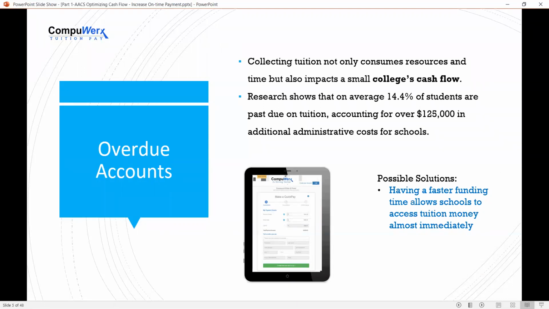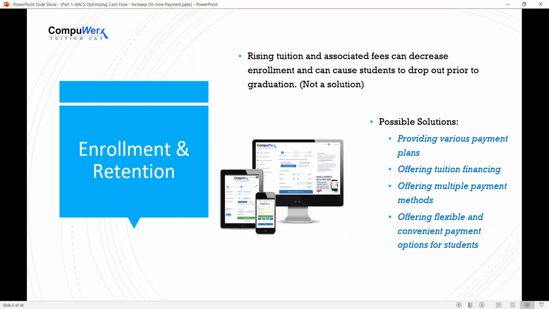Research has shown that on average, 14.4% of students are past due on tuition accounts, accounting for over $125,000 in additional administration costs for a school. What would be the possible solution? Having fast funding time. Once you've collected your tuition money, the money should be available for the school to use immediately. Second problem, enrollment and retention.